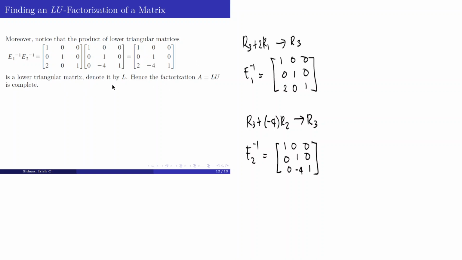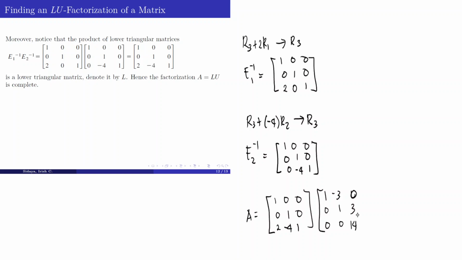Now let us denote it by L. Therefore, we now have the LU factorization of A. That is, A is equal to the product of [1 0 0; 0 1 2; -4 1] and [1 -3 0; 0 1 3; 0 0 14]. So again, this is the lower triangular matrix and we have the upper triangular matrix.